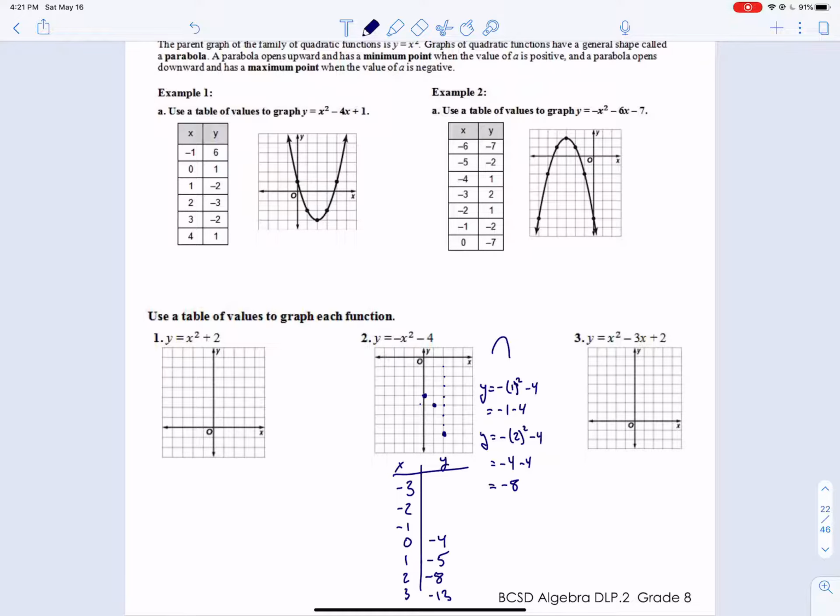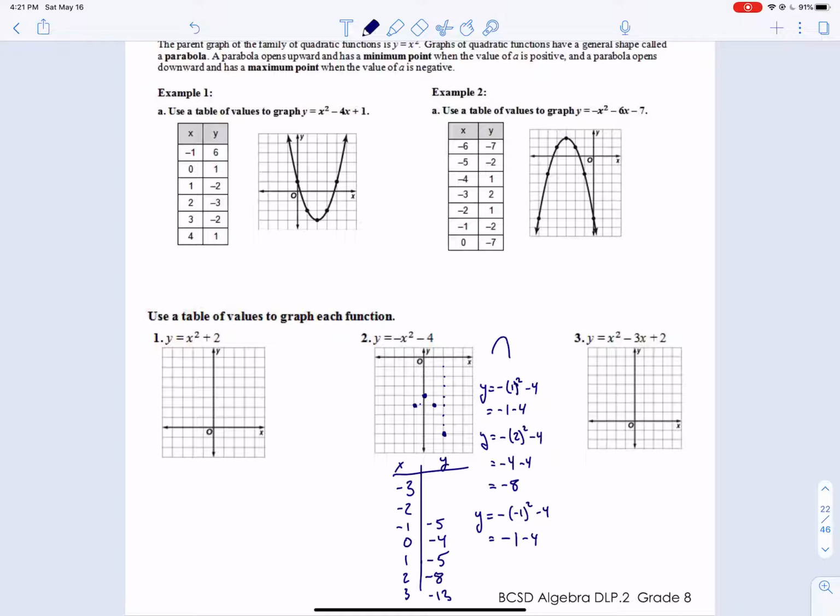Okay, so moving up. We have negative 1 we're substituting in. So we have negative 1 squared minus 4. And then that would be negative 1 minus 4, negative 5. It's symmetrical about the y-axis. Of course it is, because there's no middle term.